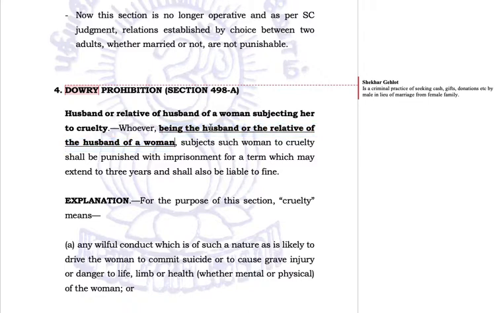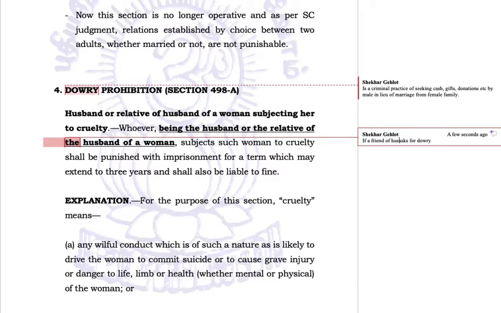Okay, only the husband or the relative of the husband of the woman can be held guilty under this section. That means if a friend of the husband asks for dowry, he shall not be held guilty.